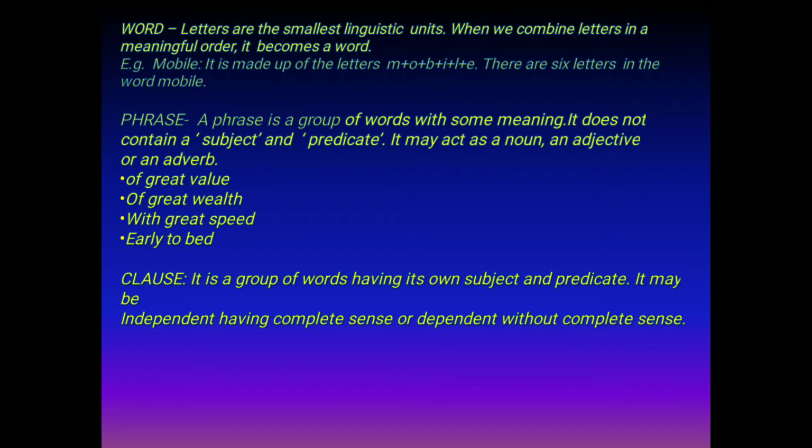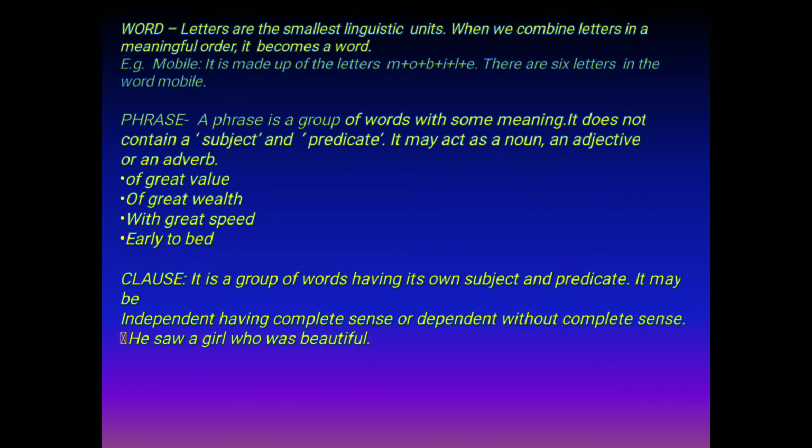Okay, and clauses are units of grammar that contain at least one predicate and a subject. This makes a clause different than a phrase. Okay, because a phrase does not contain a verb and a subject, but a clause contains subject and predicate.